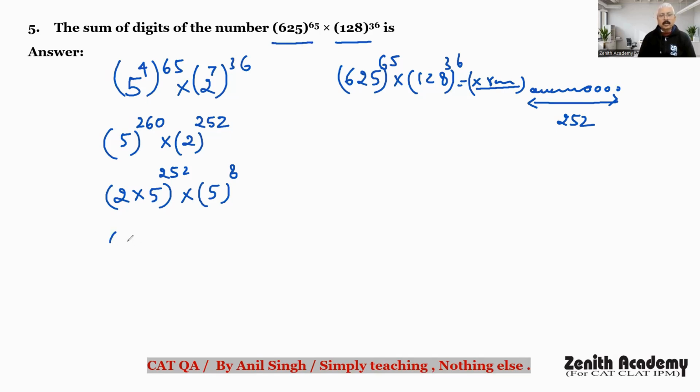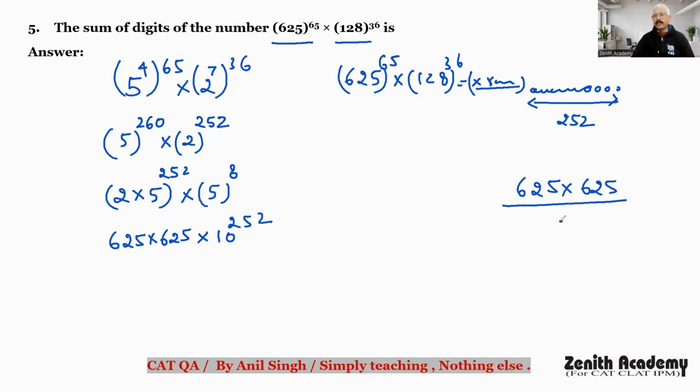So 625 into 625 into 10 to the power 252. So multiply 625 into 625. You can take the support of a calculator. So 5 fives are 25, 5 twos are 10 plus 2 is 12, 5 sixes are 30 plus 1 is 31.